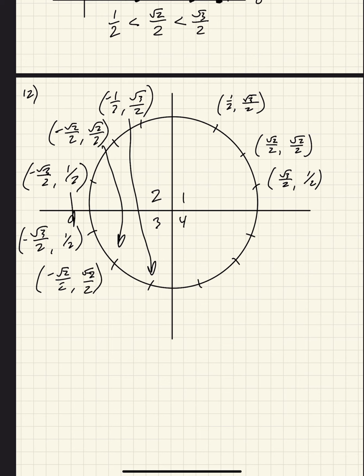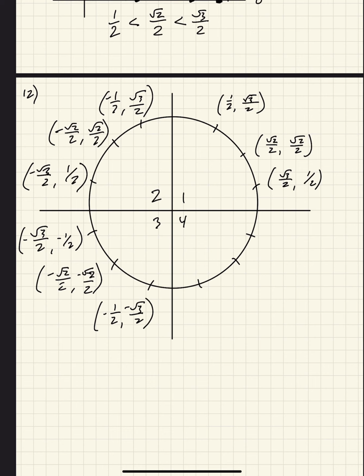And then here we have negative 1/2, root 3 over 2. And again, we only have to account for the quadrant. So in quadrant 3, x and y should both be negative. All right, so now we've filled in 3 out of 4 of our quadrants.